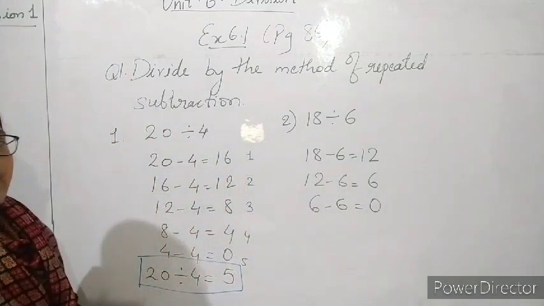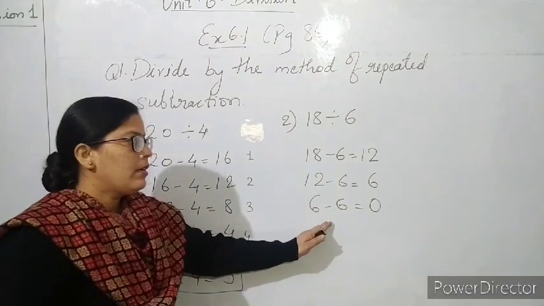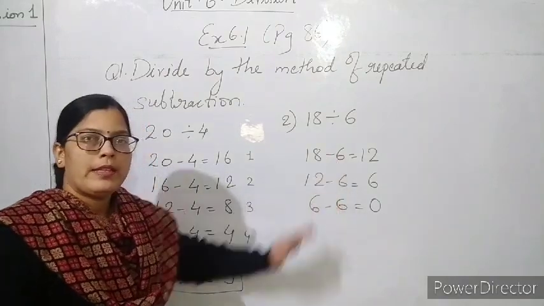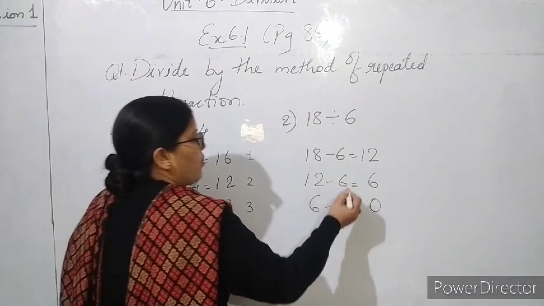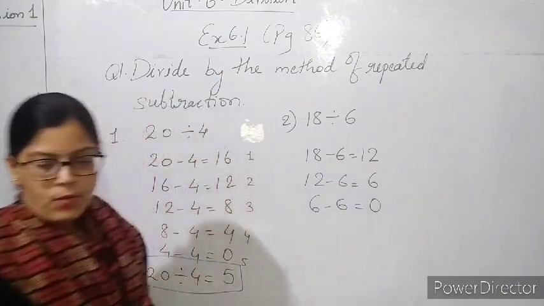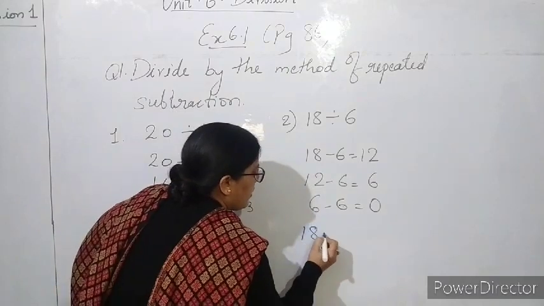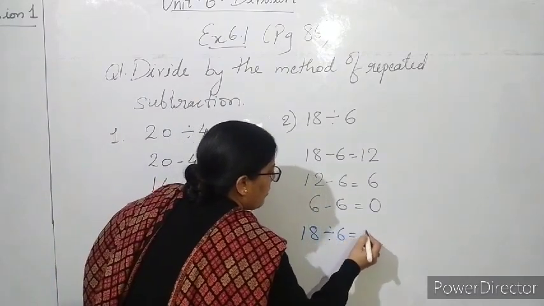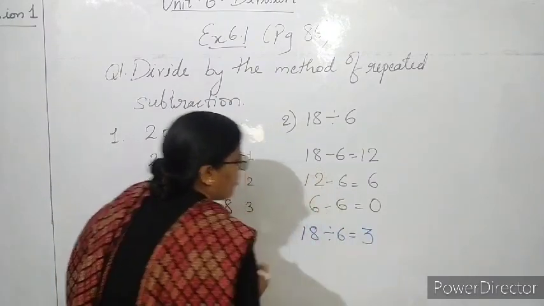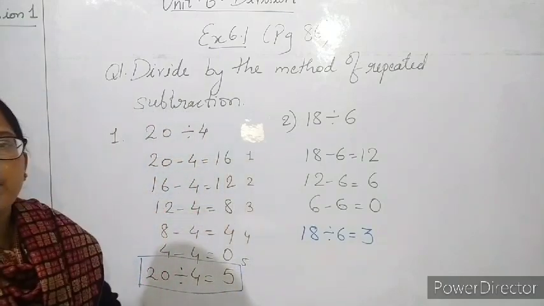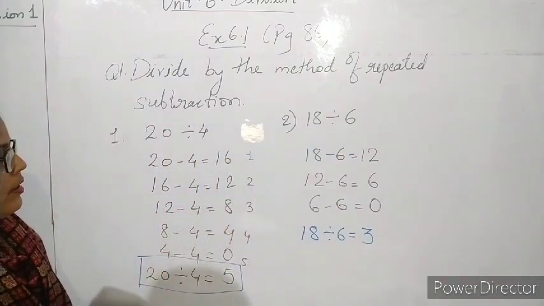So how many times do we have to subtract 6 from 18 to get 0? 3 times. 1, 2 and 3. So what is 18 divided by 6? 18 divided by 6 is equal to 3.